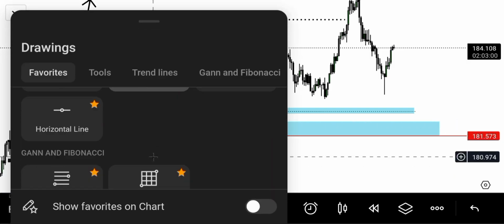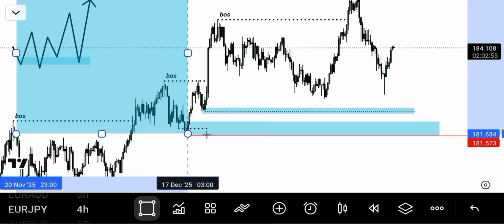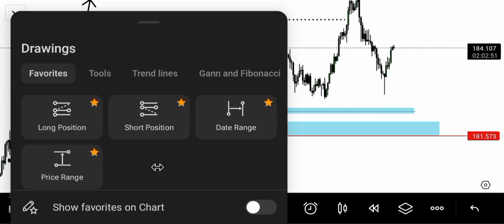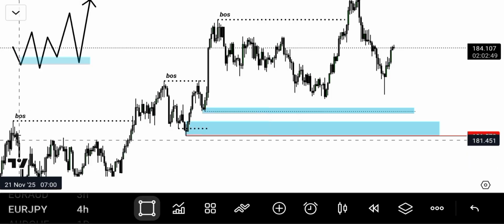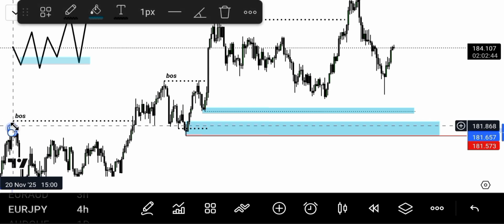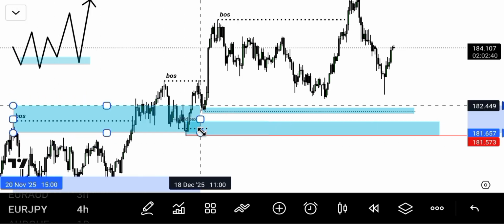So it did two things. That zone that we're looking to buy from is the one that swept liquidity and tapped into another block. In this case, this key level is a breaker block, as you can see here.